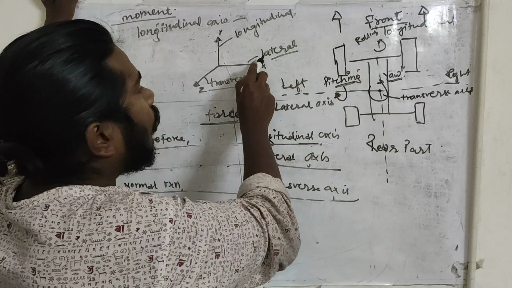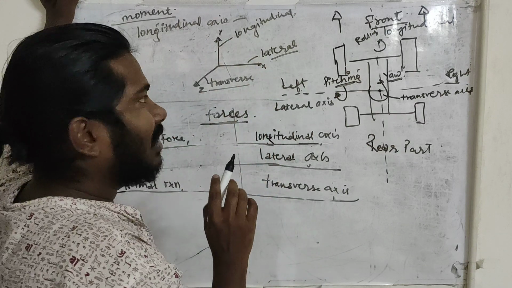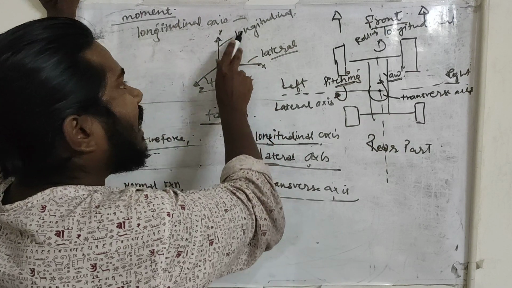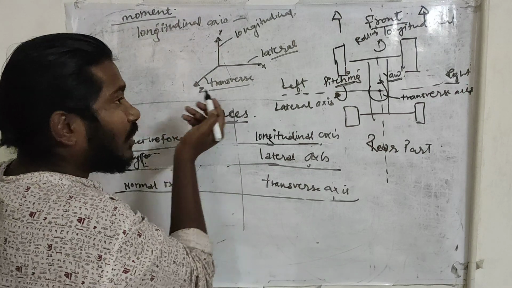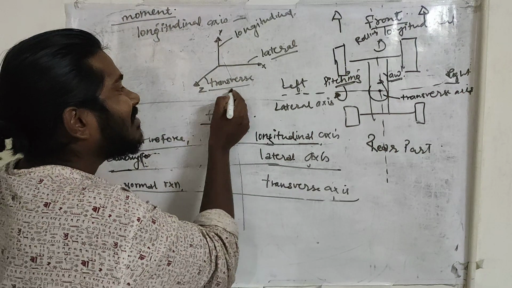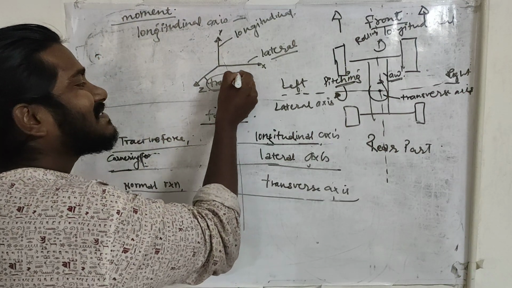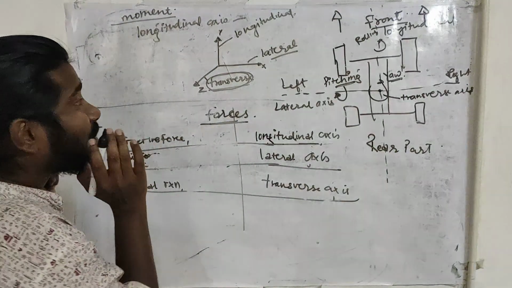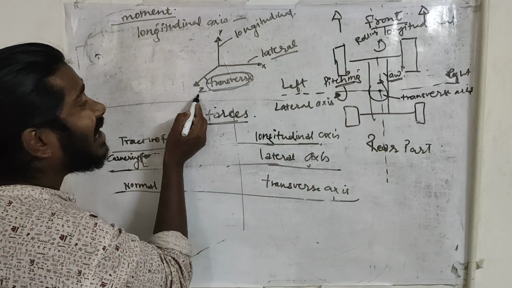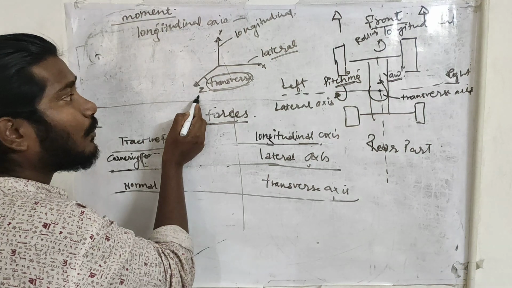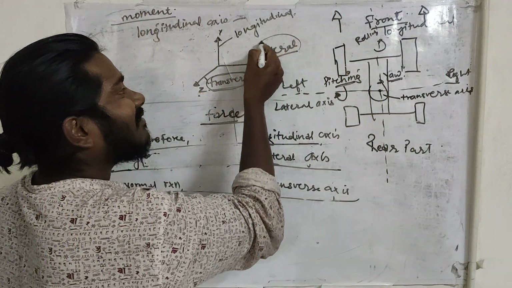Now in this plane of lateral and longitudinal, which force is going to create the movement? The transverse force. In the plane of longitudinal and transverse, which force creates the movement? Lateral.